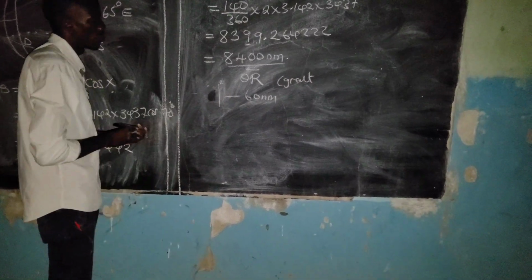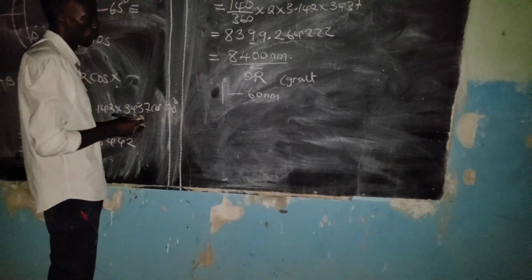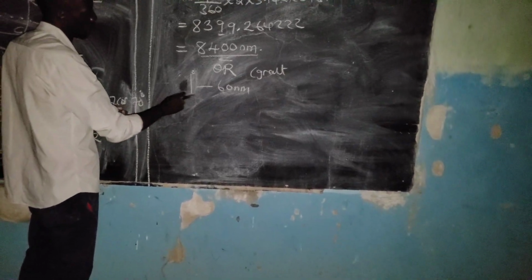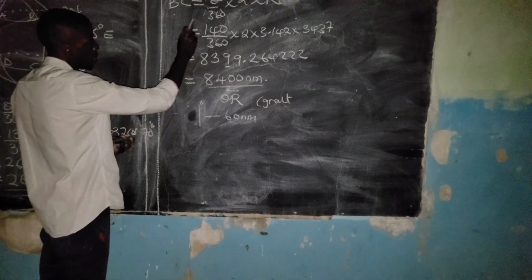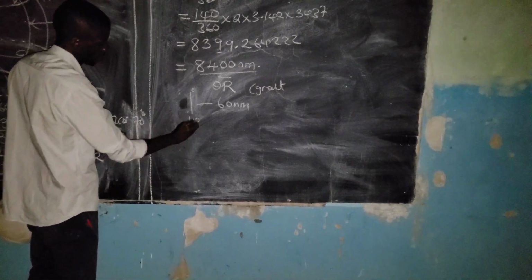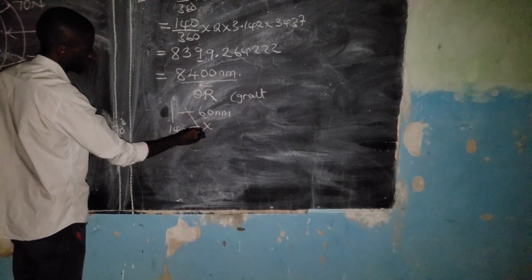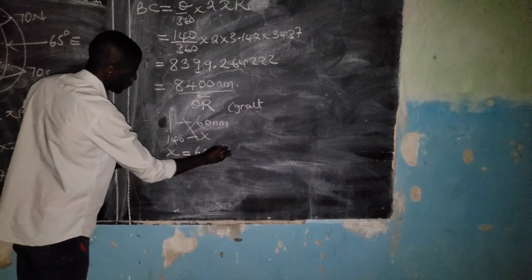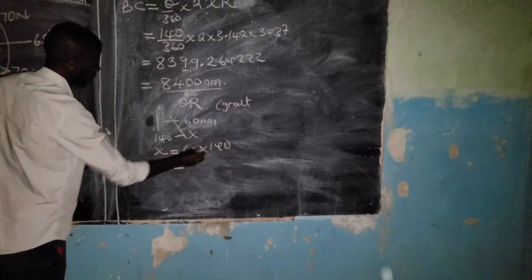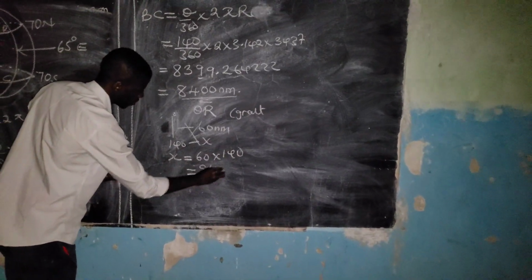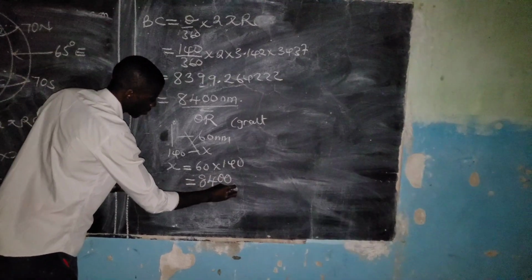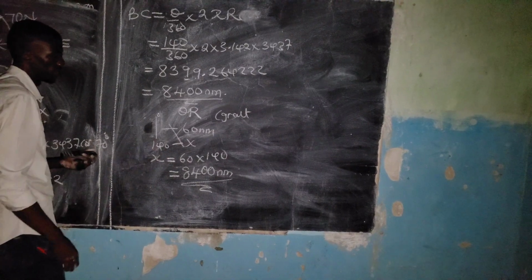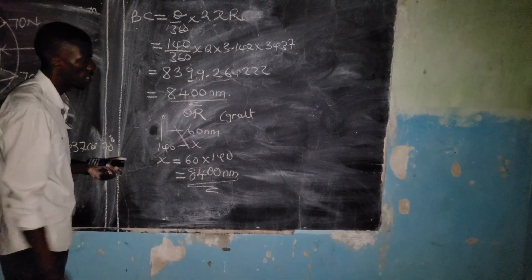If 1 degree is equivalent to 60 nautical miles, then how many nautical miles can 140 give us? So it's the same as saying 140 is equals to x. So we just multiply, our x will be equal to 60 times 140. This is another way. When you multiply this, it will give us directly, without even rounding off, 8,400 nautical miles. So if you want, please, you can use this in a great circle.